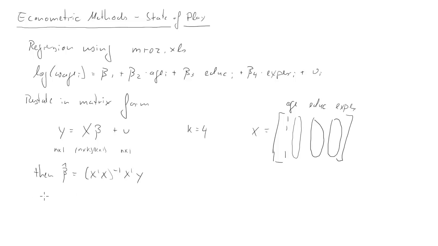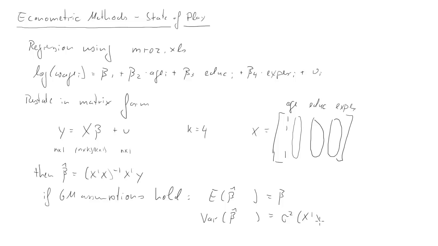Now you also know that if the Gauss-Markov assumptions hold, then the following is true: the expected value of β hat is equal to β, and the variance of β hat is equal to σ² (X'X)^-1.